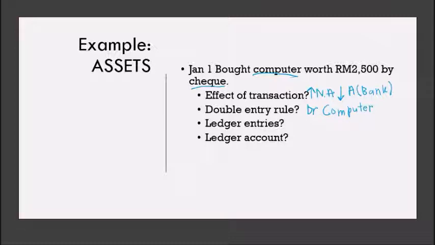So when an asset is reduced, it is on the right side, which is the credit side. And you put bank. You can't put cheque, okay? Put bank, since the cheque is money in your bank. So this is the ledger entry. Okay, you got a debit and you got a credit, both amounting to 2,500.